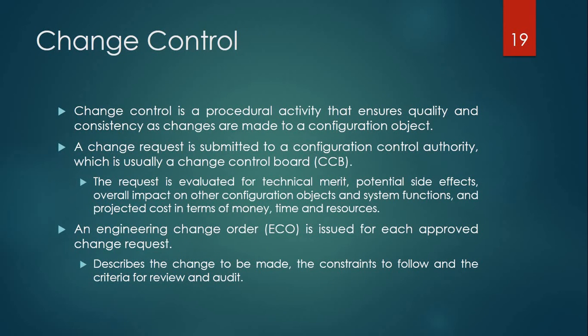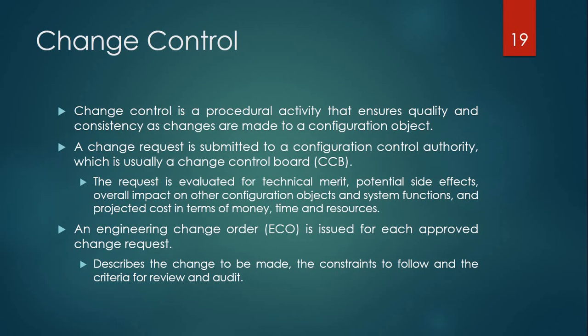Next is change control. Change control is a procedural activity that ensures quality and consistency as changes are made to a configuration object. A change request is submitted to a configuration control authority, which is usually a change control board, means CCB. The request is evaluated for technical merit, potential side effects, overall impact on other configuration objects and system functions, and lastly, project costs in terms of money, time and resources.